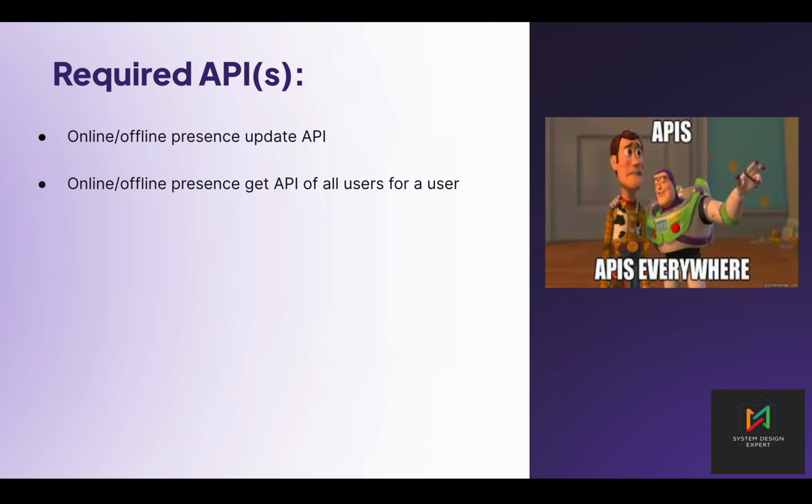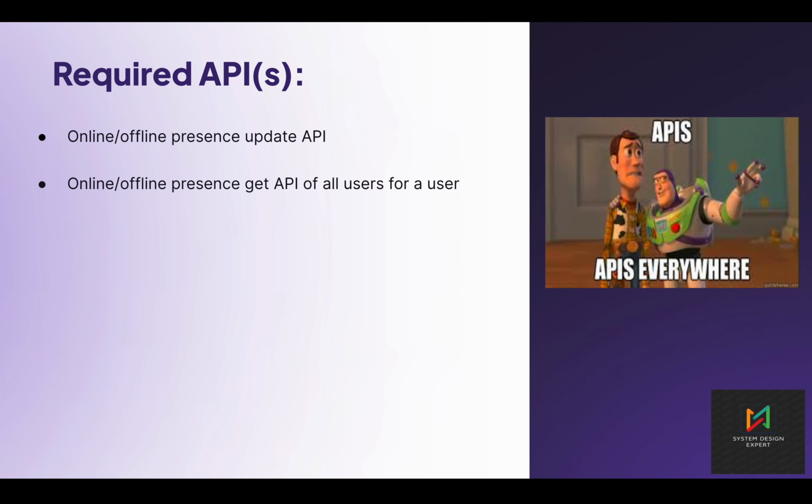Required APIs are quite straightforward in this system. It's going to be an online and offline presence update API. Say I am a user of Slack or WhatsApp, it would need some input from my end to send a heartbeat kind of API to share, hey, I am user ID 123 and I'm still using the application.